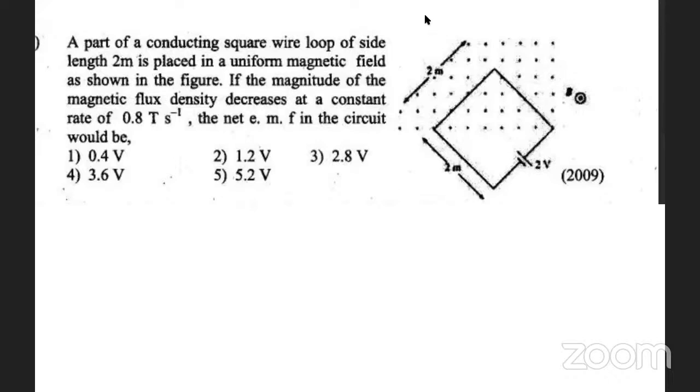So dB over dt is equal to 0.8 Tesla per second.